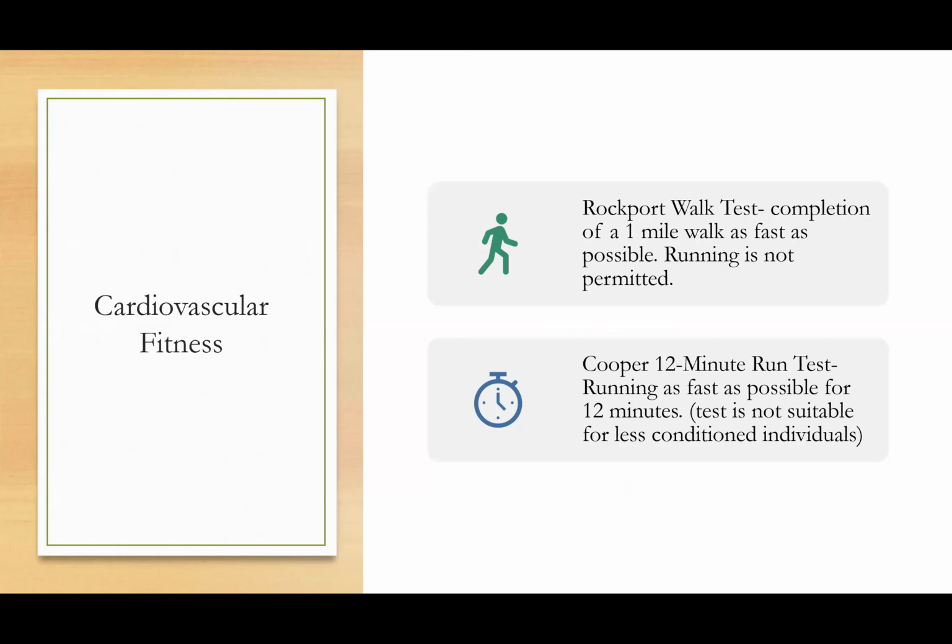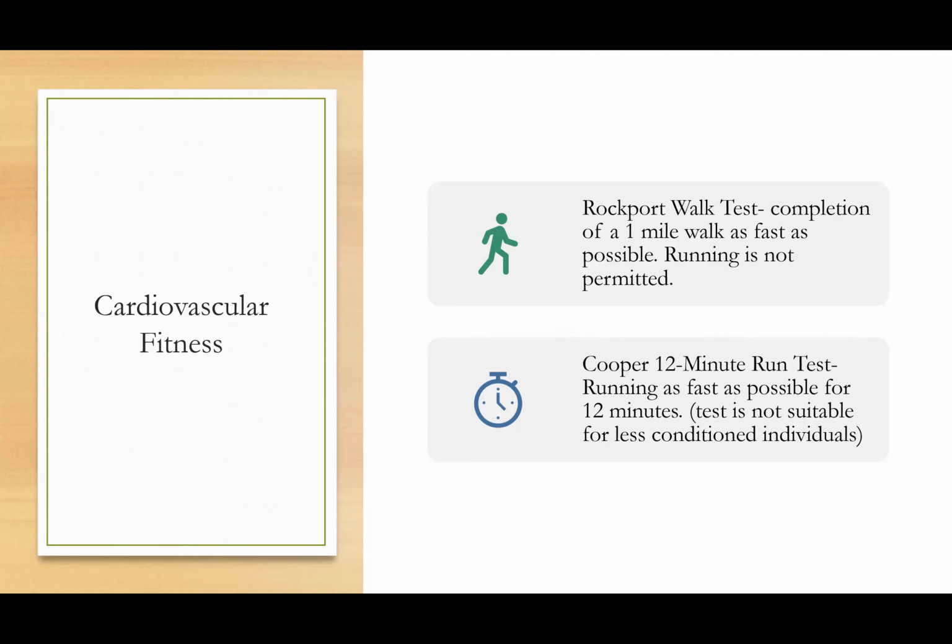So to assess your cardiovascular fitness, you can either do the Rockport walk test or the Cooper 12-minute run test. The Rockport test will be good for all levels, especially beginners. How it will work is you will walk 1 mile as fast as you can and then record your time exactly at that 1 mile marker.